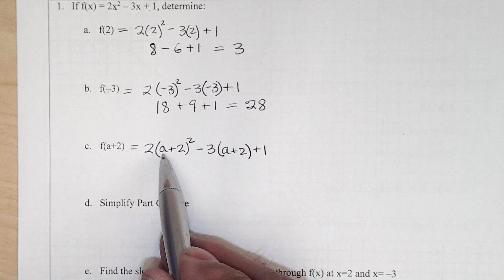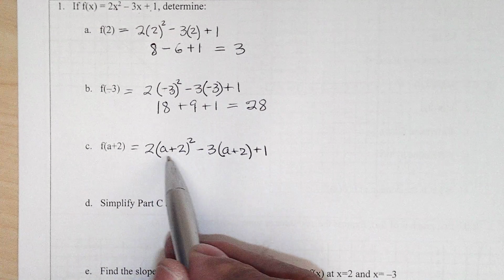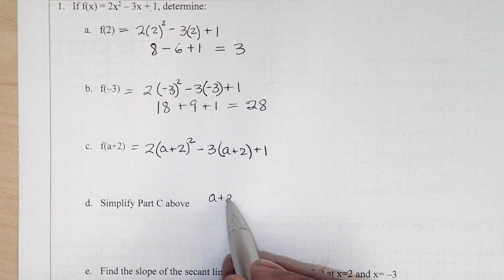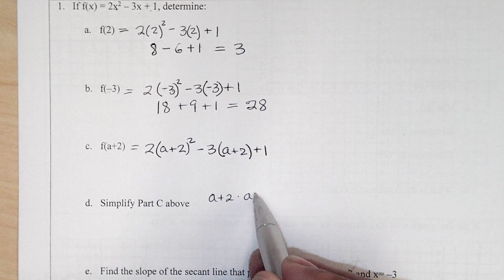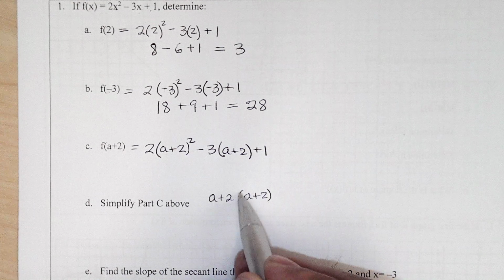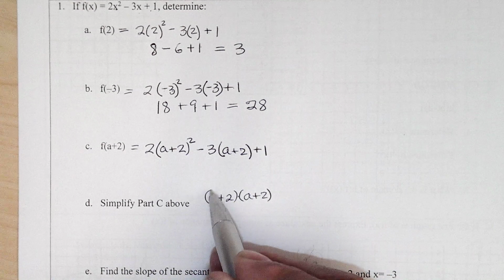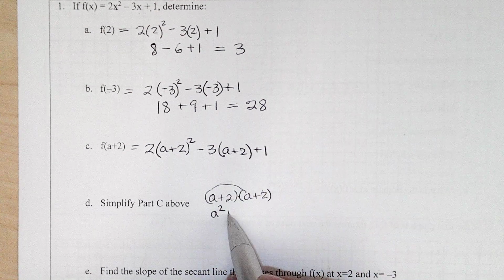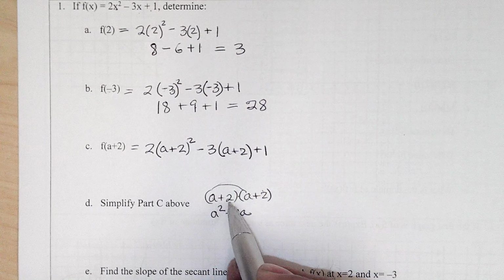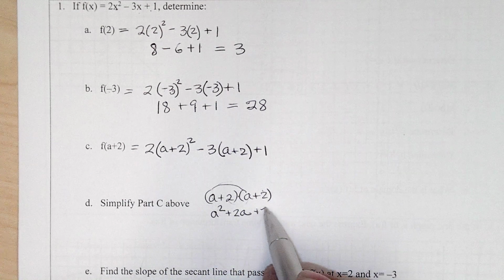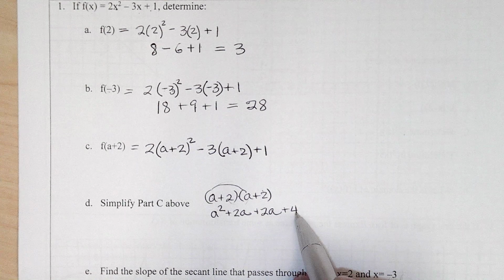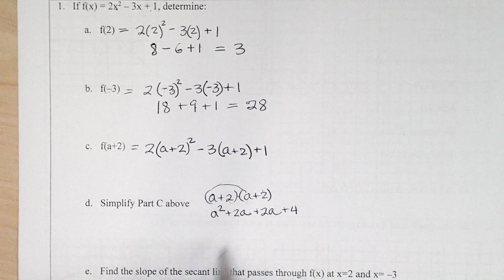Now simplify this. So if I have to square this, I have a plus 2 times a plus 2. So I get a squared plus 2a plus 2a plus 4, foiling this out.